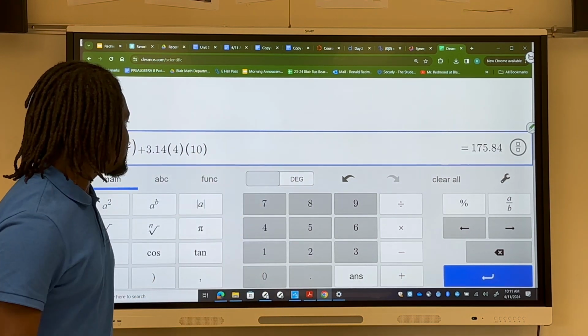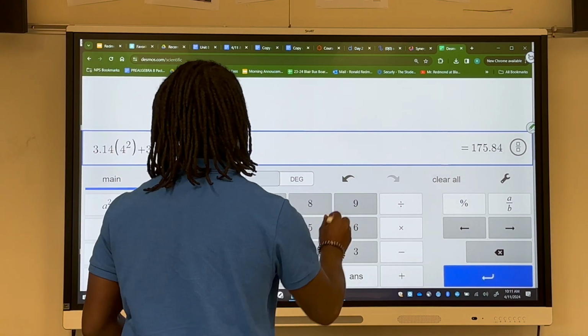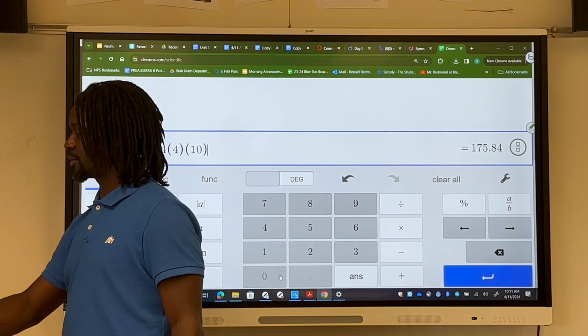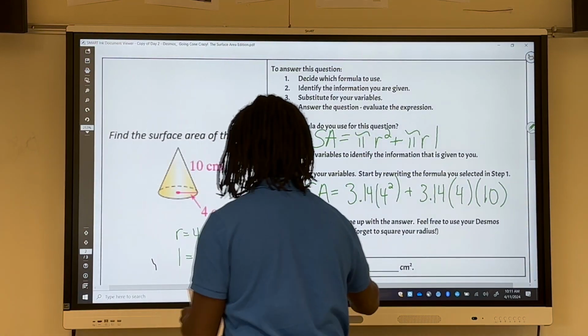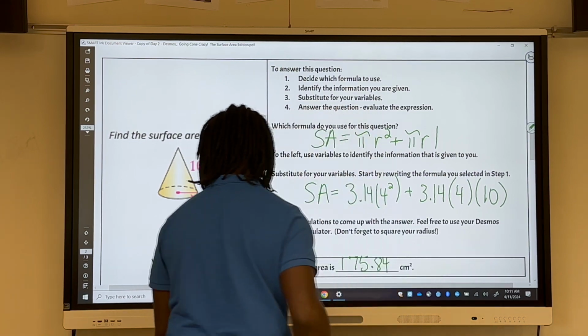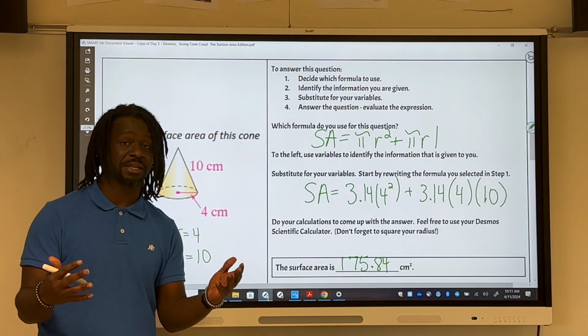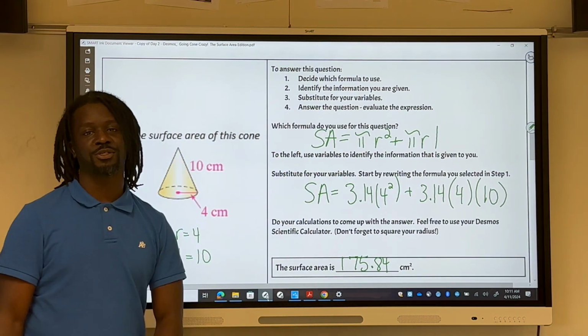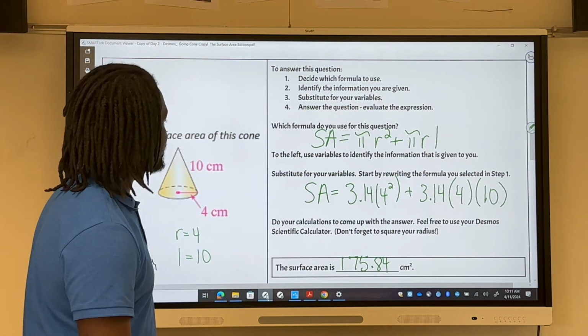And then that gives me my answer, which is 175.84. All right, so that's it. All we got to do is we figure out our formula and we substitute our values into our formula.